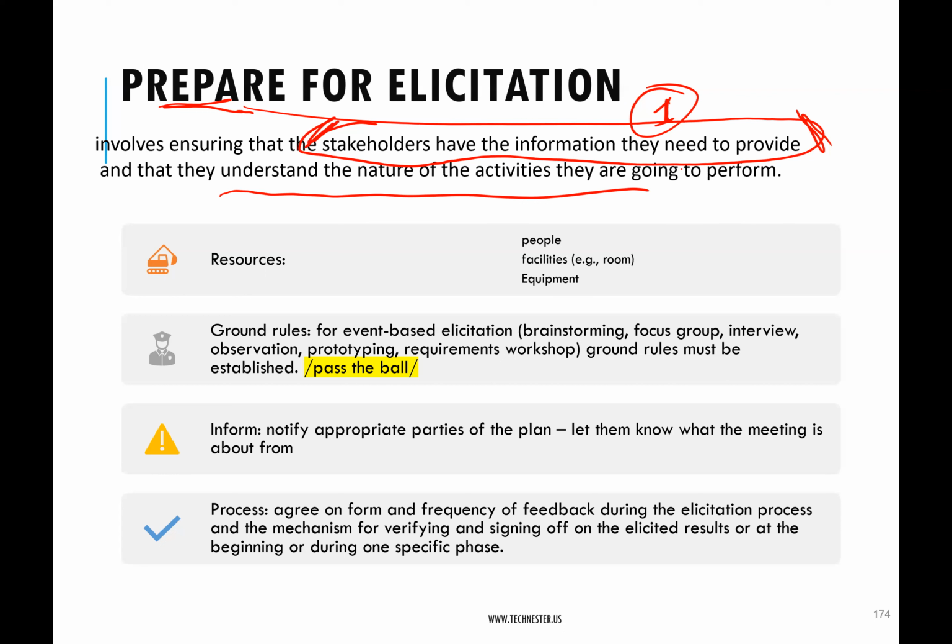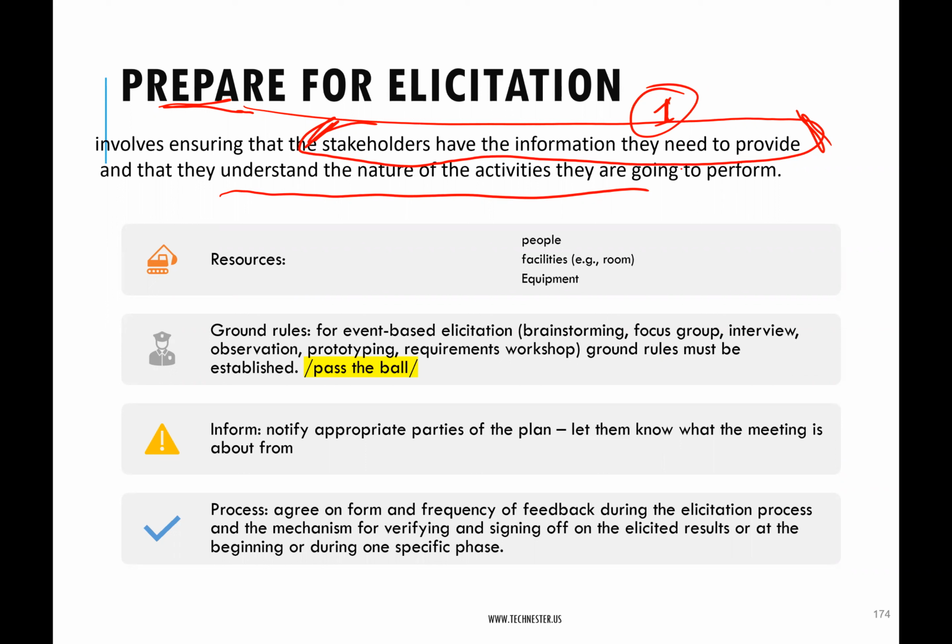They don't come and be infuriated by something or encounter something they are not prepared for. Okay? So these are the two key parts of preparation. You want to ensure the stakeholders know what you need. Number two, you want to ensure that they understand what you'll be doing in the elicitation session or meeting or workshop.